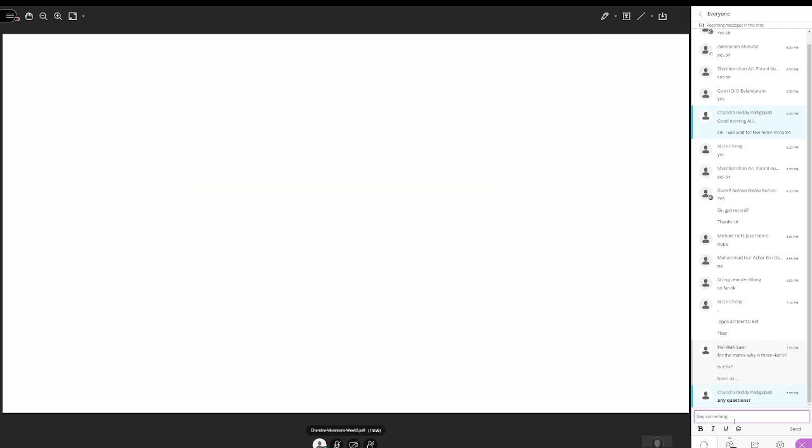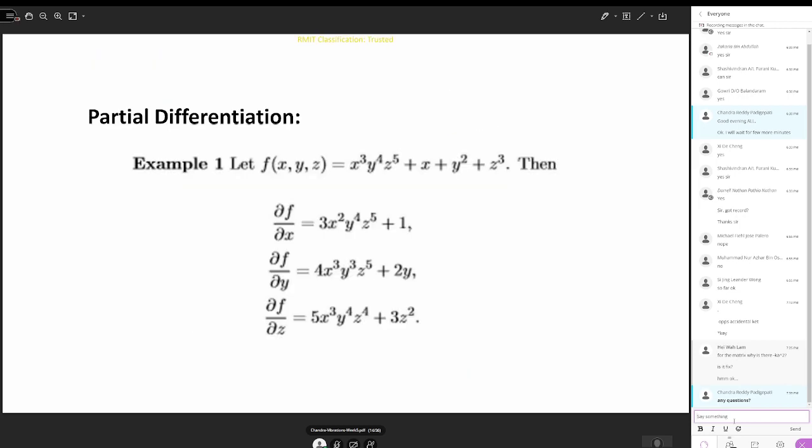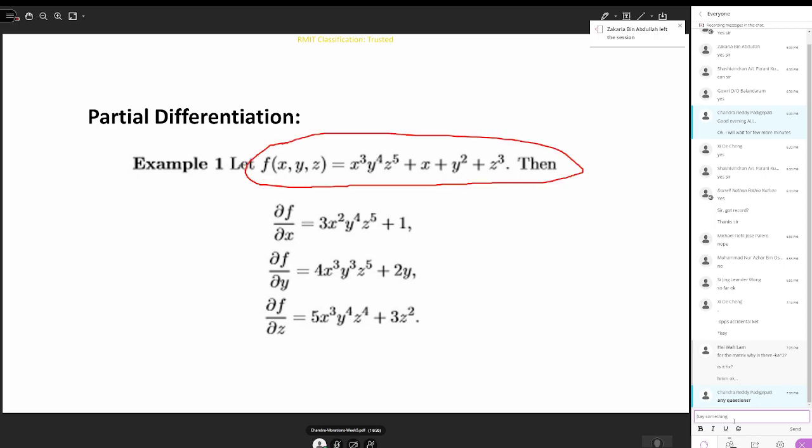Let us focus on the examples first. Before we go into the example, what is a function? Why are we talking about partial differentiation? When we write a function of x, y, z, that means the value of this function depends not only on x, but also on y and z.